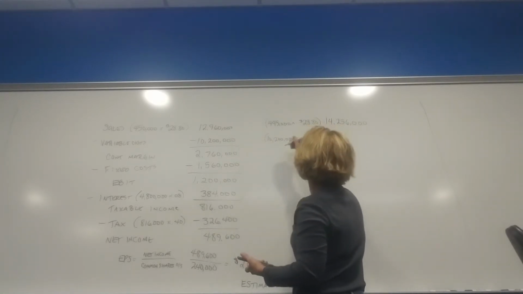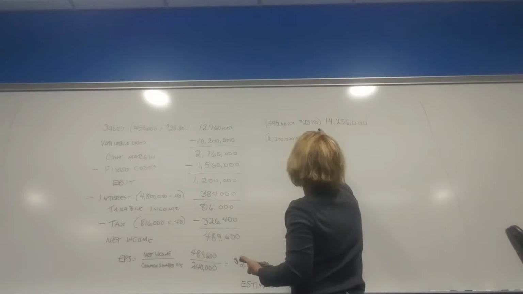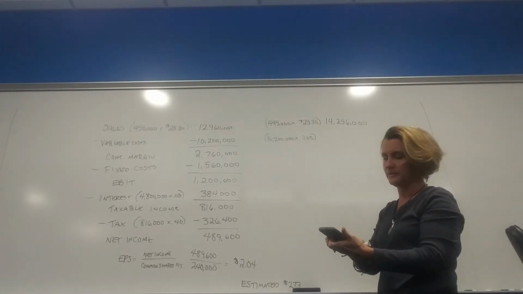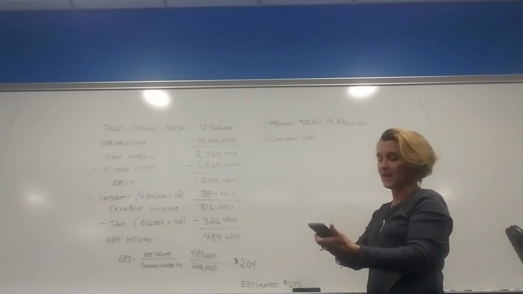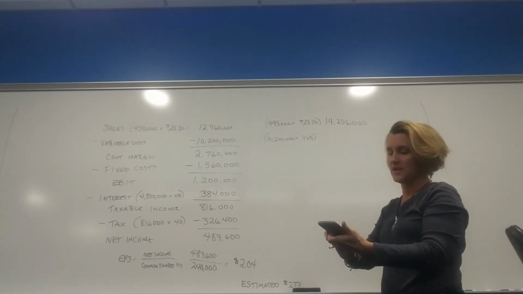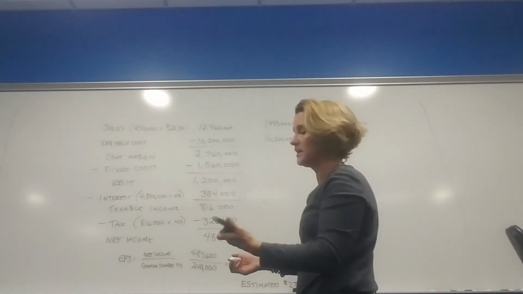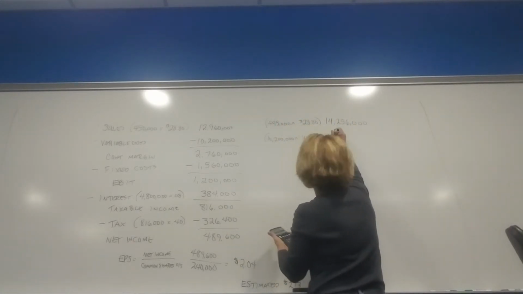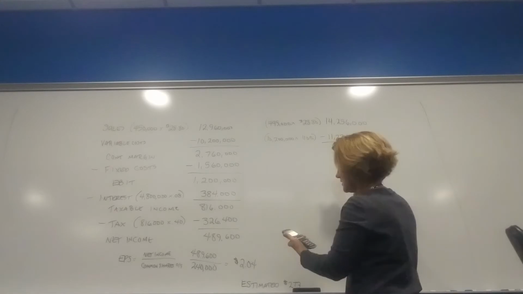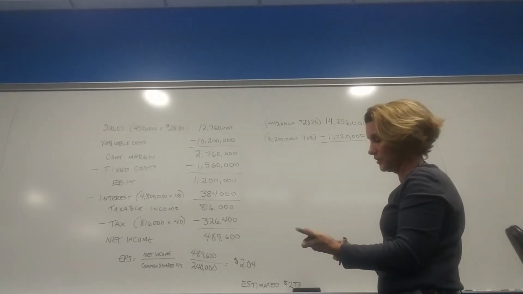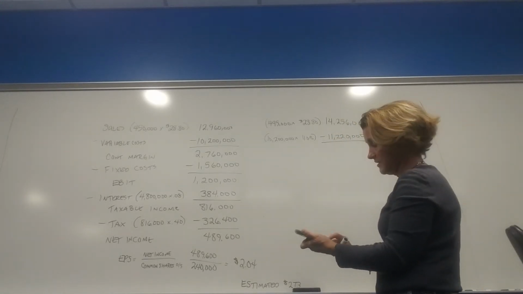But because of rounding, I'm just going to do it this way. I take the 10,200,000 and multiply that times 110%, which increases it by 10%, because it's a variable cost, so it will go up at the same level as sales. So that takes it up to 11,220,000.